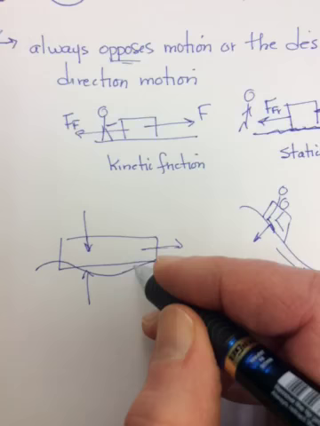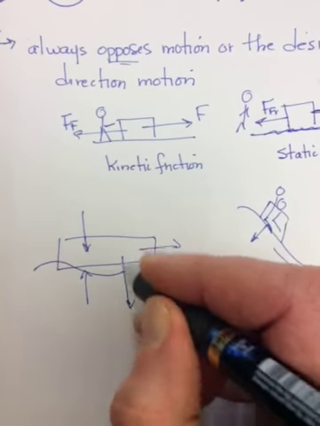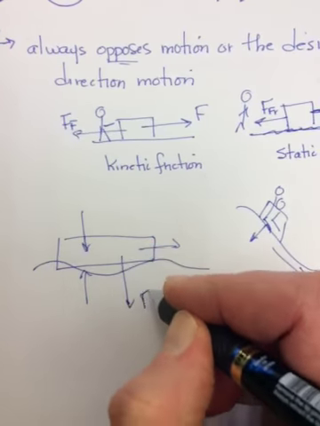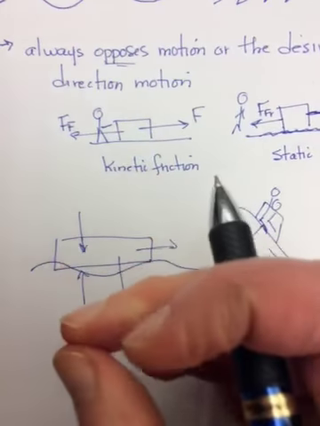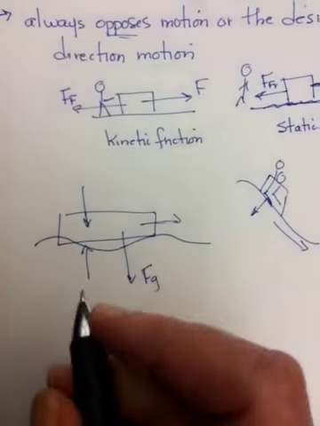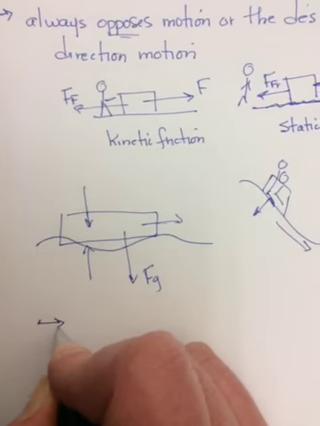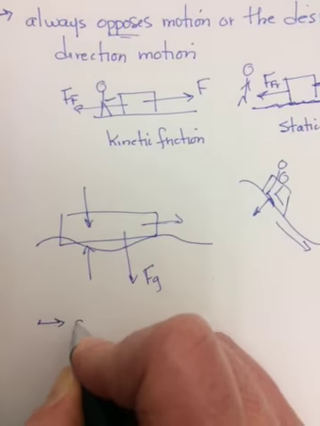So we know that the force pulling this top object down into the surface is Fg, but it's the normal force pushing back up that's going to seal them together. So the second thing that friction is dependent on is the normal force.